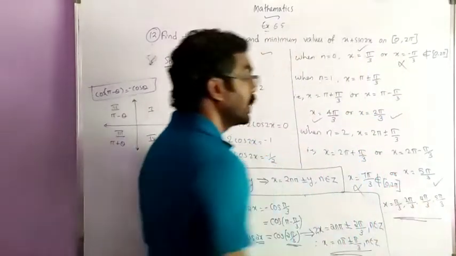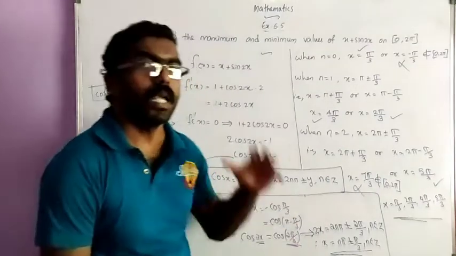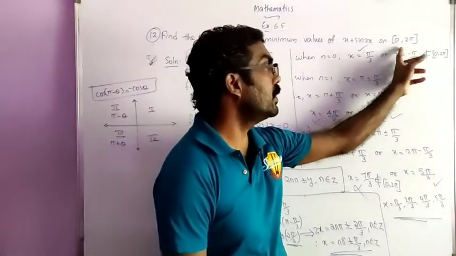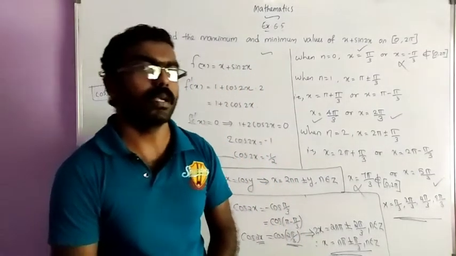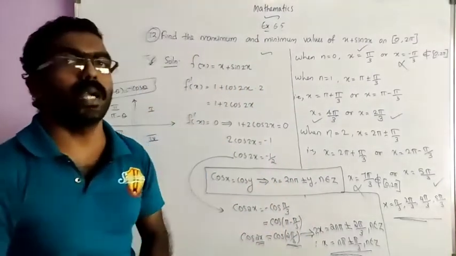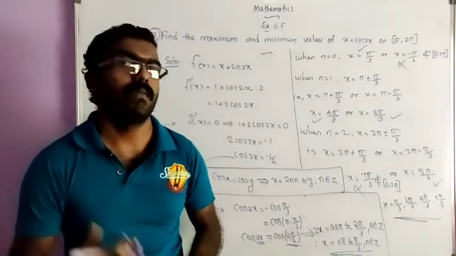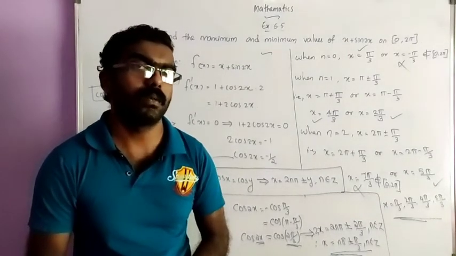All these x values we have to consider along with the end points of the interval, that means 0 and 2 pi. At all these points we have to find the value of f of x.